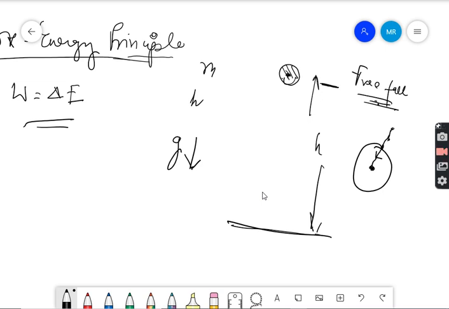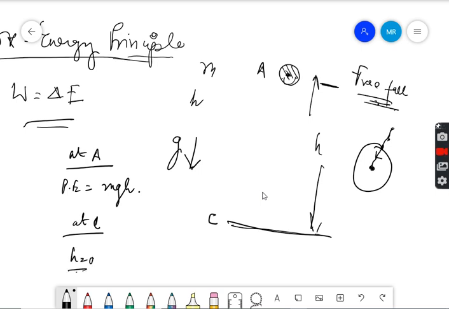Suppose the top is A and this level is C. At A, total energy is the potential energy, which is mgh. And at C, height becomes 0, so there will be no potential energy.